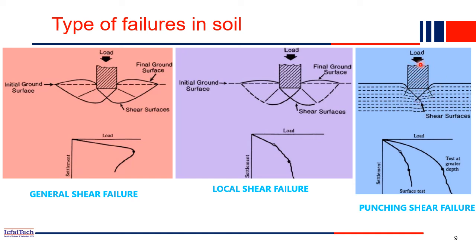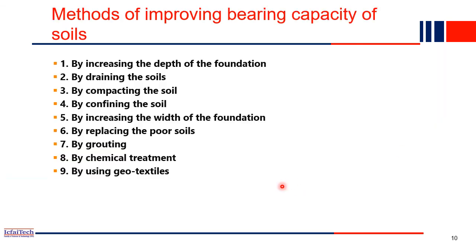Simply the foundation will penetrate into the ground surface, and you can see the failure pattern also. Gradually, when the load increases, the settlement increases. Okay, so these are the three different types of failure happening in the soil.